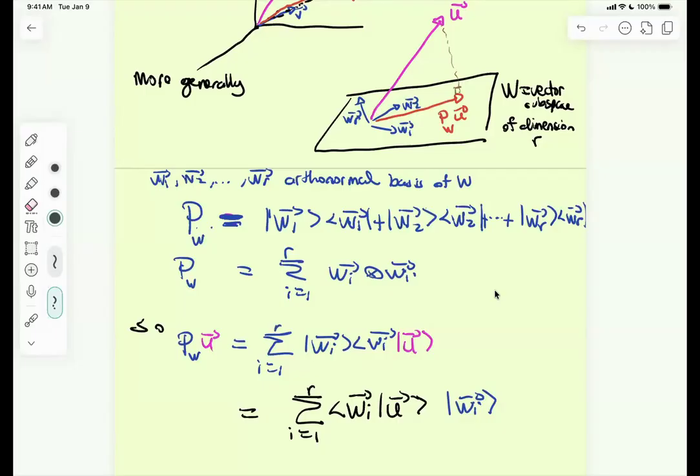If the vector happened to be inside, it spits out the same vector. If you apply the projection onto a vector that was already inside, it does nothing; it just leaves it alone. But if the vector is outside, which is the interesting part, it gives you the closest vector to it.